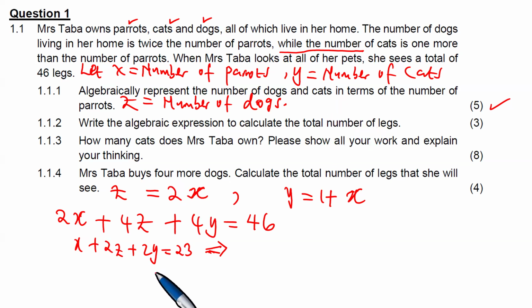And therefore, we can now be in a position to represent the dogs, which are Z, and the cats, which are Y, in terms of the parrots X. So we need to write the Z and Y in terms of X. Right, in terms of X. There are a couple of ways we can do that.